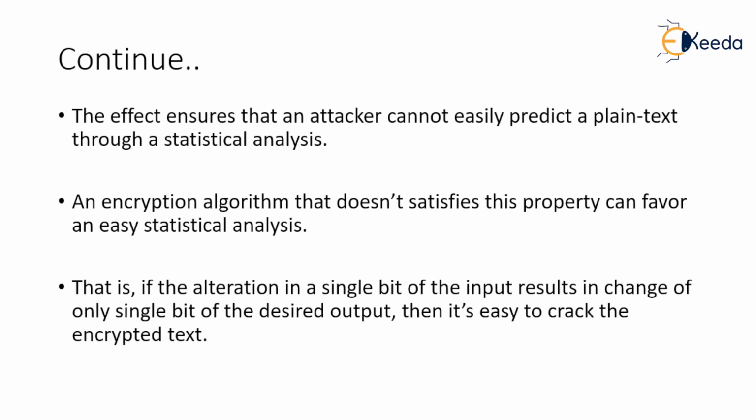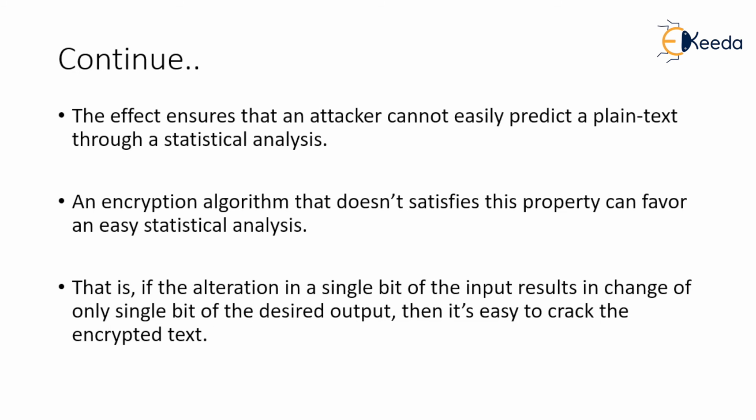Generally, an encryption algorithm that doesn't satisfy this property can favor an easy statistical analysis. That is, if the alteration of a single bit of the input results in the change of only a single bit of the output, then it's easy to crack the encrypted text.